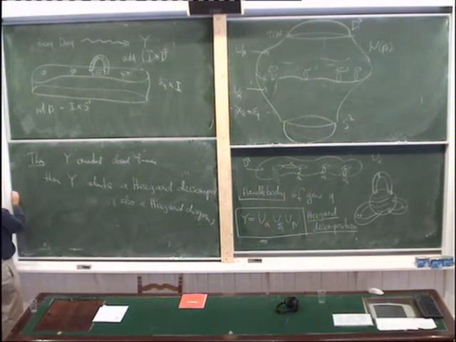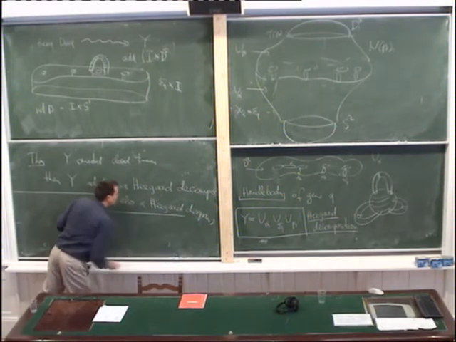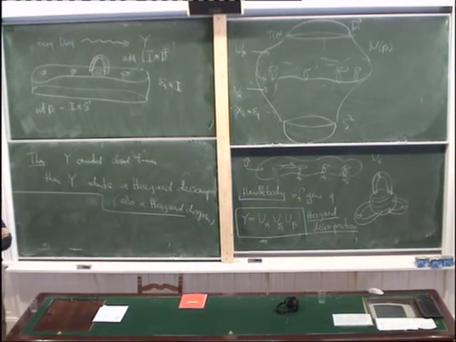Okay, so we have this theorem, and there are lots of ways to prove it. Maybe next time I will talk about the more theoretical proof. But one way to see it is to start with a triangulation.